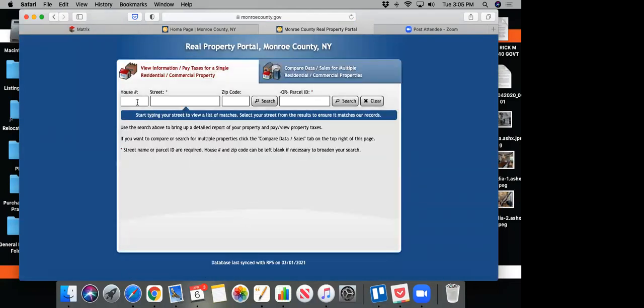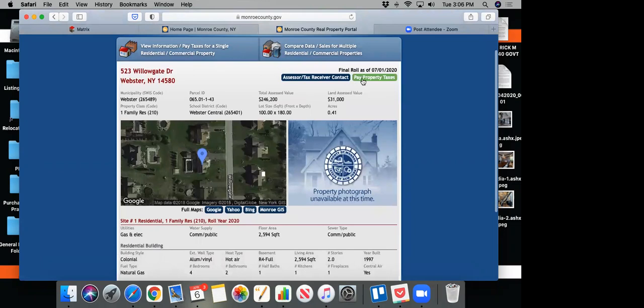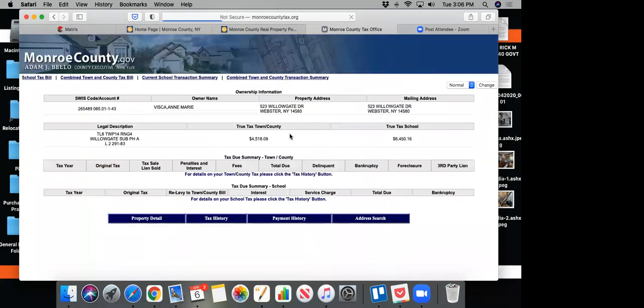You always agree, and you want to type in an address. If you go up here where it says pay property taxes, this is going to give you the true school taxes and the true town and county. I always round up, even if it's 08, I'll just say 4519 just to protect myself.